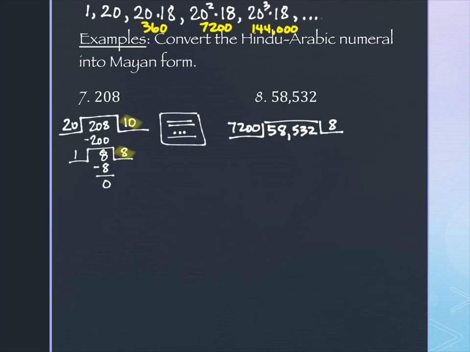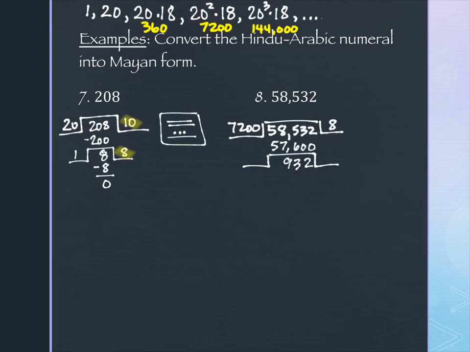And then I need to multiply 8 times 7,200 to give me 57,600. Wonderful. Now we're going to subtract. What do we get if I subtract? Yes, 932.